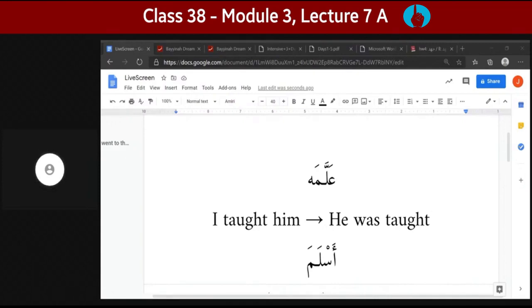So they're both huwa, just different tenses. They're different forms completely. You can't change from yadribu to daraba, but I can change from yadribu to tadribina, for example, because all I did was change the doer. I kept the same form, I kept the same shape, I just changed the doer.